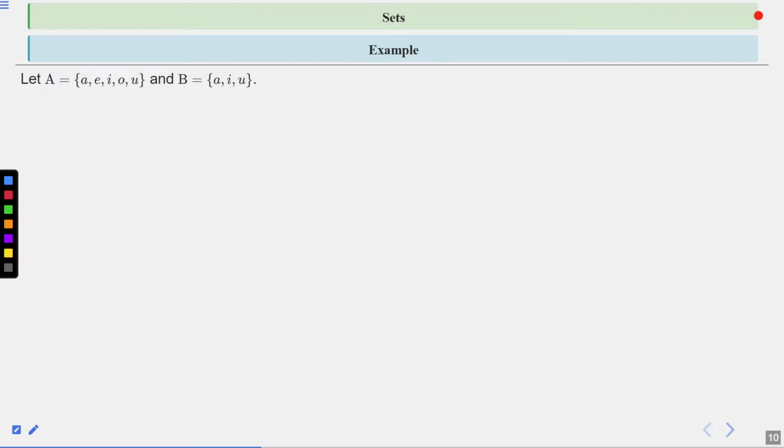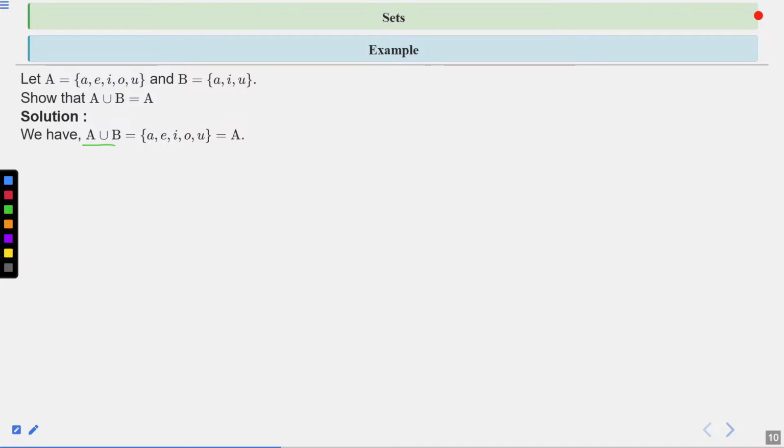Now another example, A with 5 elements A, E, I, O, U, B with 3 elements A, I, U. Answer what will be its A union B, and also show the union of the given sets is equal to A, and why. Very simple. Solution.